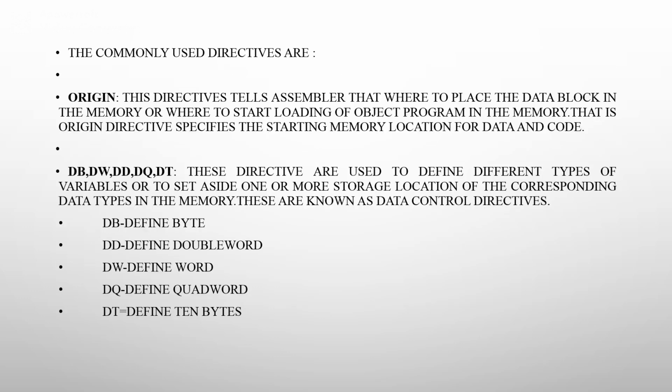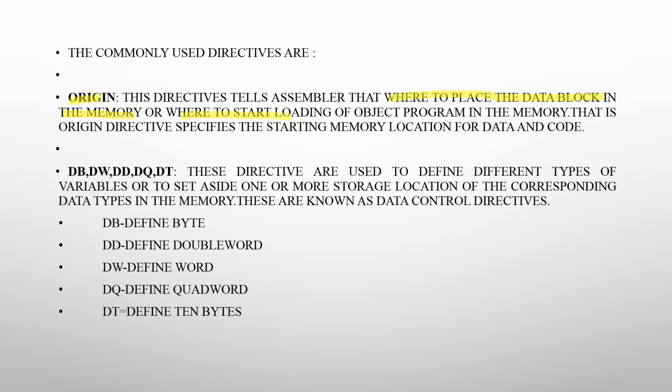So commonly used assembler directives are, the first one is ORIGIN. This assembler directive tells the assembler where to place the data blocks in the memory, or where to start loading the object program in the memory.